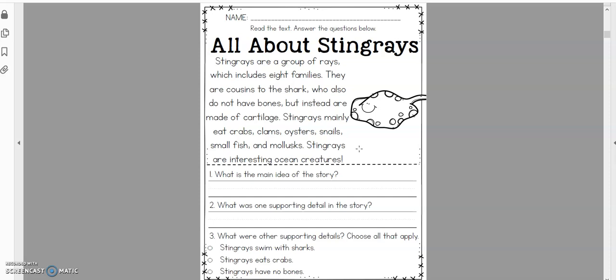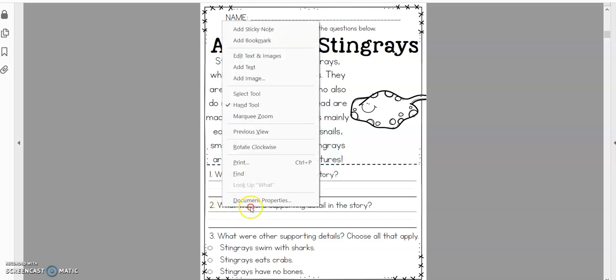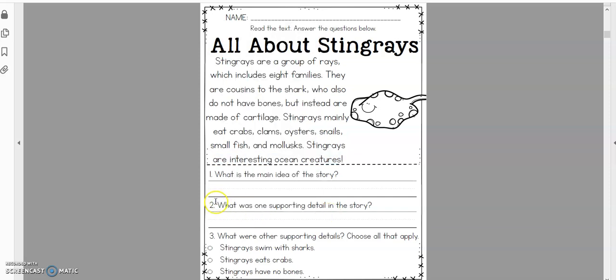So I'm remembering from our main idea mini lesson yesterday that we decided that the main idea was this last sentence, that stingrays are interesting creatures. And we said that this is how we would answer number 1, what is the main idea of the story. Now I want to focus on question 2 and 3 down here. What is one supporting detail in this story?